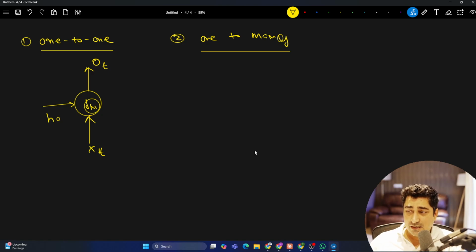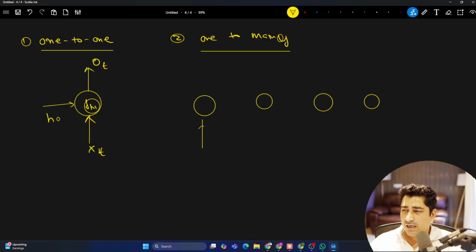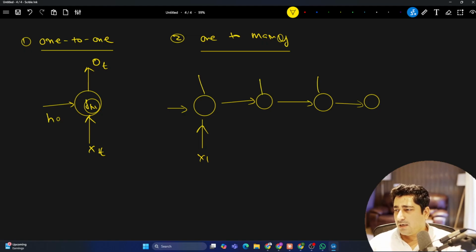Whenever we are talking about a one to many kind of architecture, you will find that we have multiple neural network units, but we just give an input to the first one and then everything is connected to each other. But we get multiple outputs.